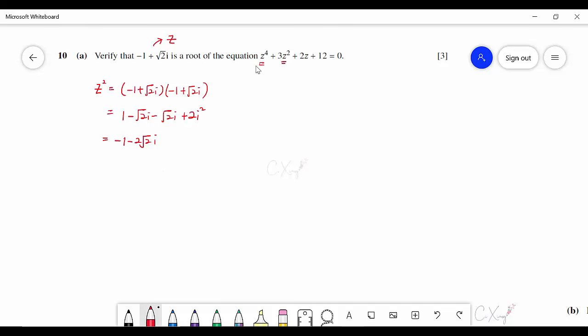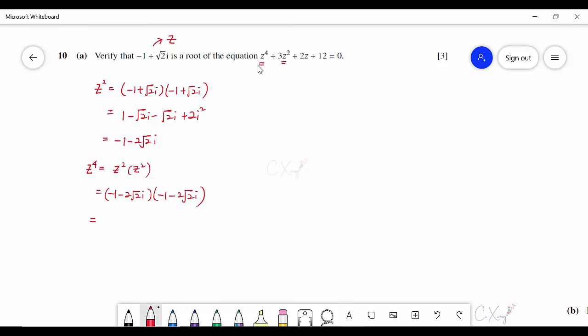And in our equation, we also have the term z power 4. So we can try to get z power 4 in advance. z power 4 means z square multiplied by z square, which is -1 minus 2 square root 2i, times the same thing.